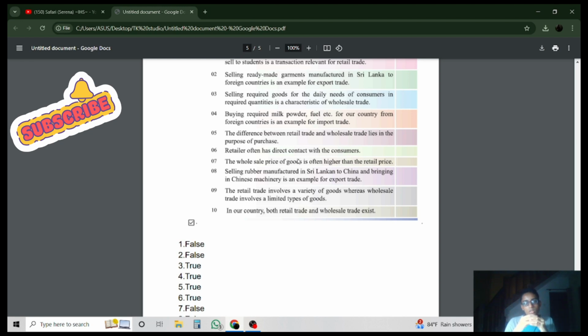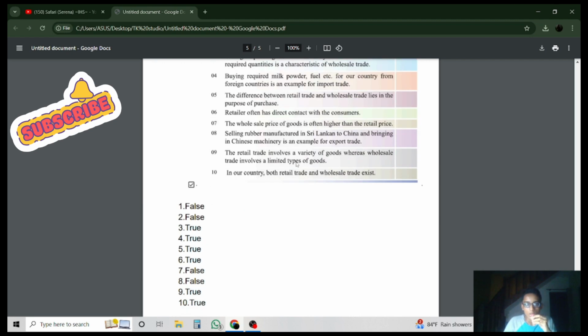Yes, that's obvious, that's true. Number six, retailers often have direct contact with consumers. Yes, that's correct, because when I go to the nearby shop, they know what I'm going to buy. So that's true. Number seven, the wholesale price of food is often higher than the retail price. That's false. The wholesale price is often less than the retail price.